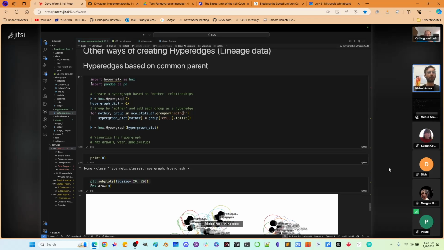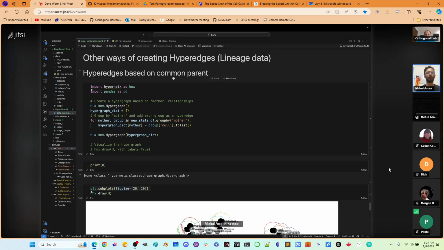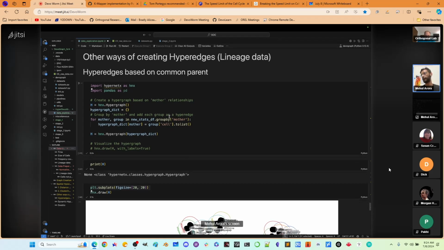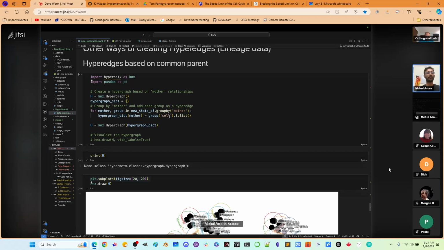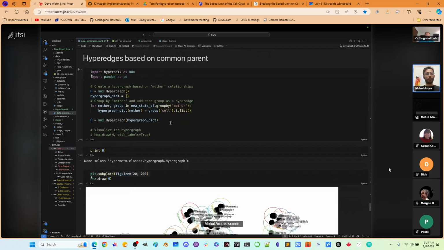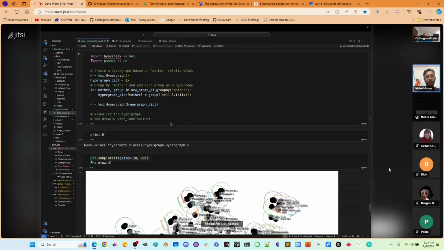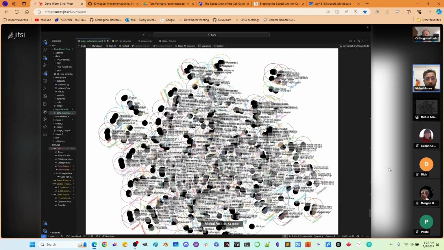One approach is to create hyperedges based on a common parent. For example, if there are 5 cells and they have a common parent, those 5 cells can be part of a single hyperedge. This was my criteria for creating the hyperedges in the lineage data. I have created it using this, and this is what we can observe.